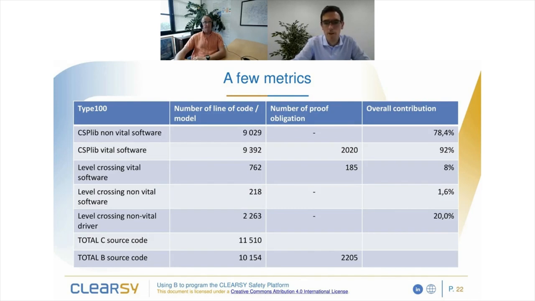And in terms of non-vital source code and drivers, the split is 20% for the example and 80% for the application, for the platform. So it's worth using the CLEARSY Safety Platform. It will save you a lot of time.